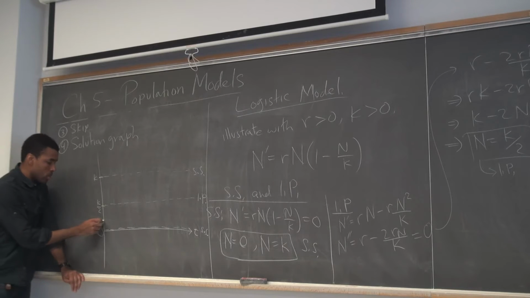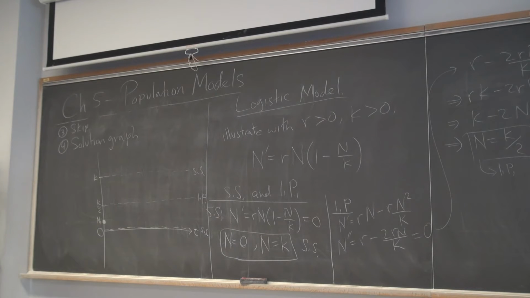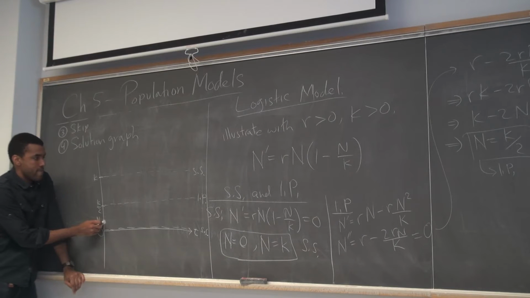But what if we start with the initial population here? Is it increasing or decreasing? Increasing, right? Once it's above 0, it will go towards k. So we know we're going up. What's the concavity here?